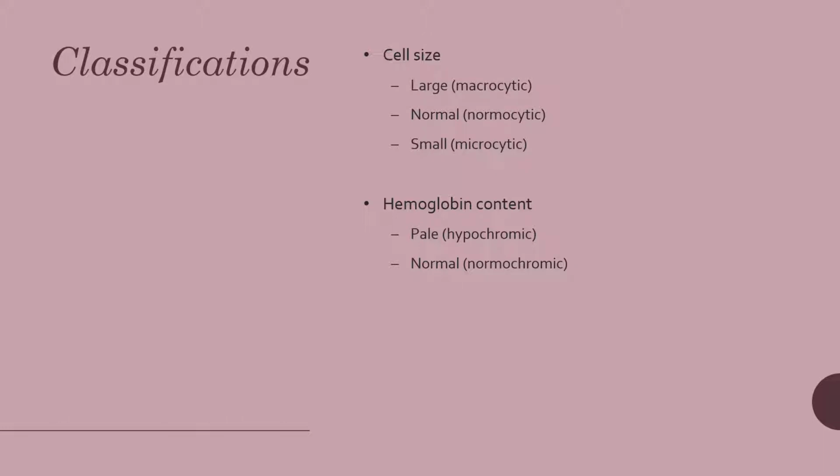We also look at the amount of hemoglobin, and remember that hemoglobin does have a reddish color. So if hemoglobin is low, we're going to see a pale cell, or the term hypochromic is often used. Or if it has enough red pigment and red color, we're going to say that it is a normochromic cell.